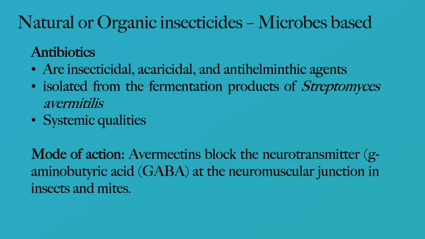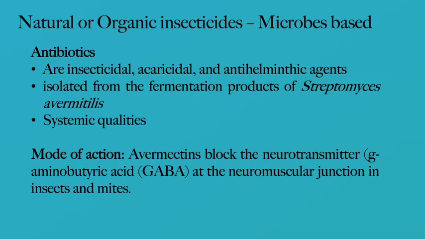Abamectin has certain local systemic qualities, permitting it to kill mites on a leaf's underside when only the upper surface is treated. The most promising uses of these materials are the control of spider mites, leaf miners, and other difficult to control greenhouse pests, and internal parasites of domestic animals.